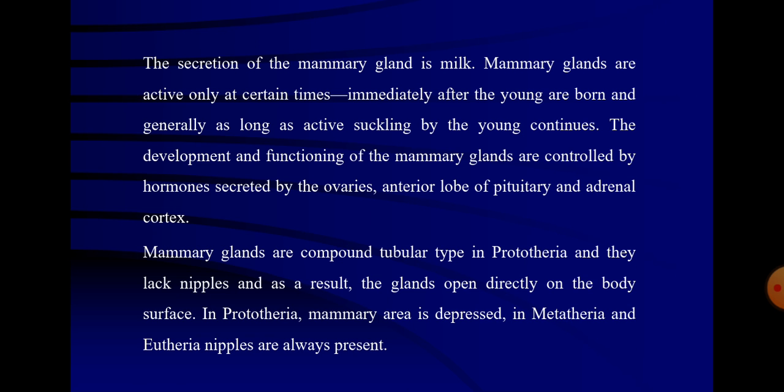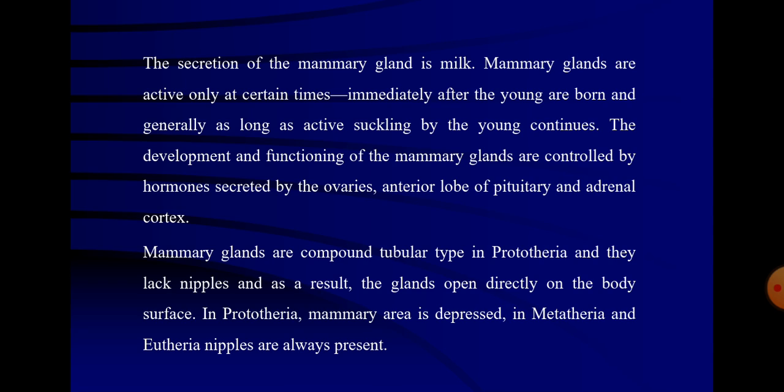The secretion of the mammary gland is milk. Mammary glands are active only at certain times, generally immediately after the young are born, and generally as long as active suckling by the young continues. Till the young ones are suckling, the milk will be produced by the mammary glands.